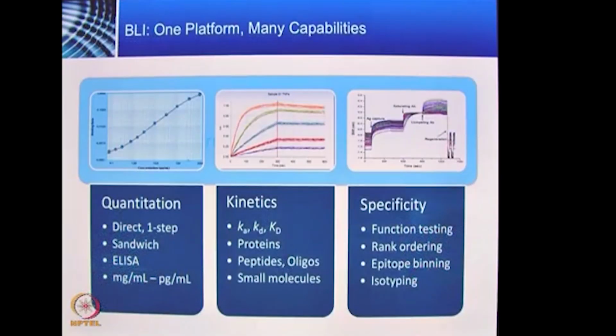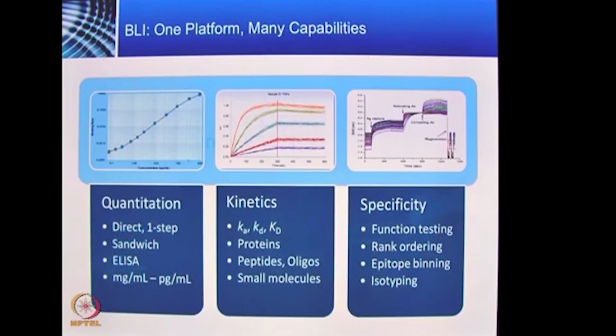It can also be used to analyze the kinetics of the biomolecule interactions for us to get K-on, K-off, Kd. And in the pharmaceutical industry, it can also be used to perform functional testing, epitope binding analysis, and also perform isotyping of the antibodies.